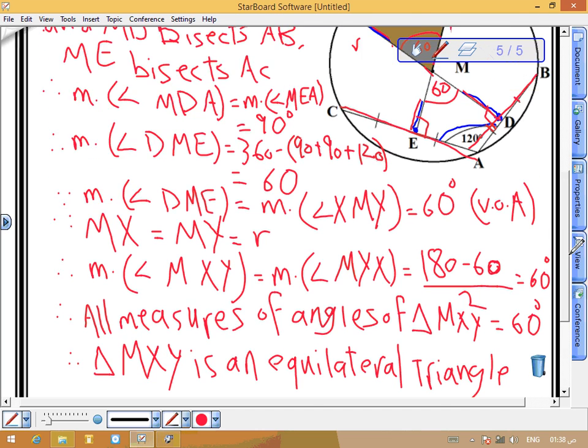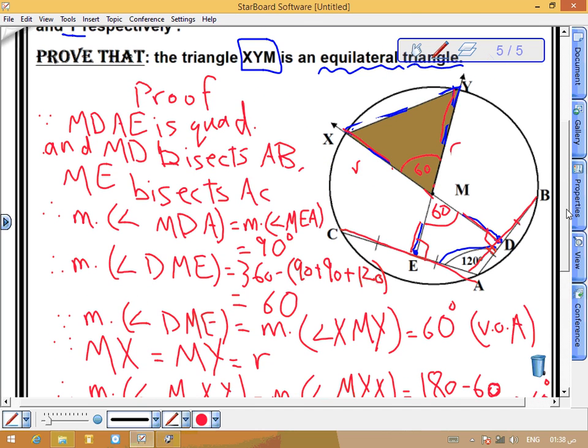So I will revise the answer with you. We have here that measure angle DAE equals 120, because D and E are the midpoints of AB and AC.